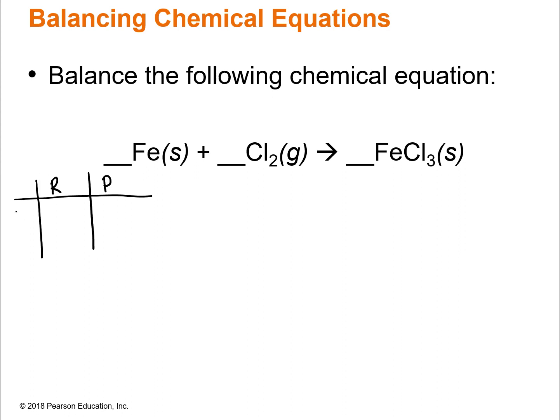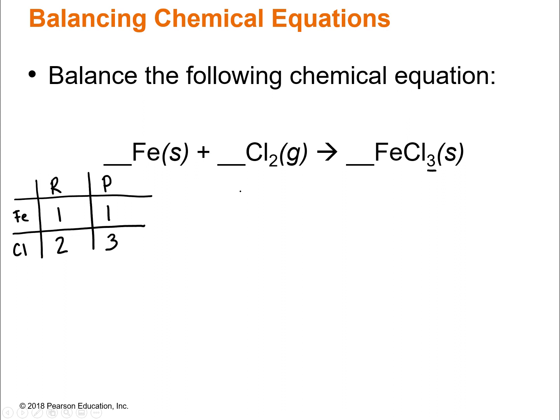Here we've got iron and we've got chlorine. Those are the 2 elements that we see. And with no coefficients, I've got 1 atom of iron and 2 atoms of chlorine on the reactant side. Product side, still have 1 of the iron, but I've got 3 chlorines. That ain't balanced.